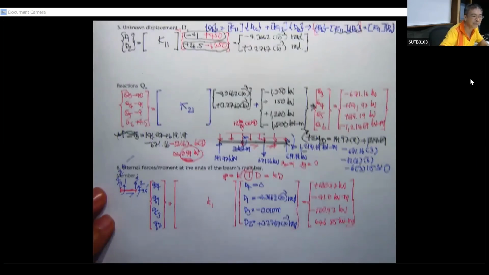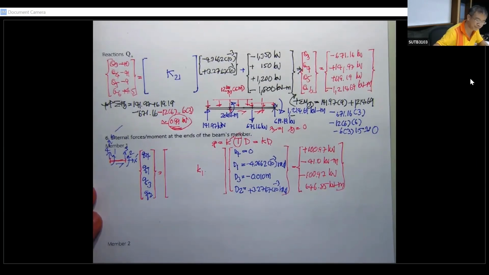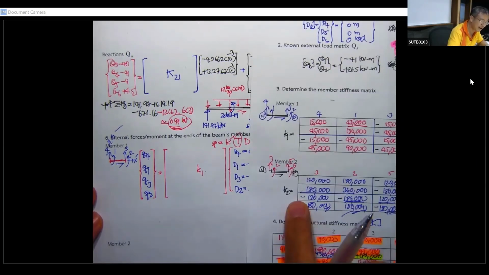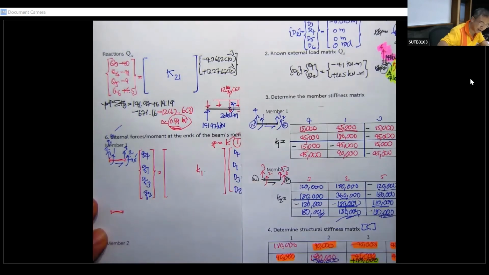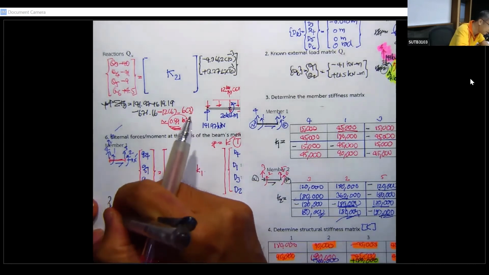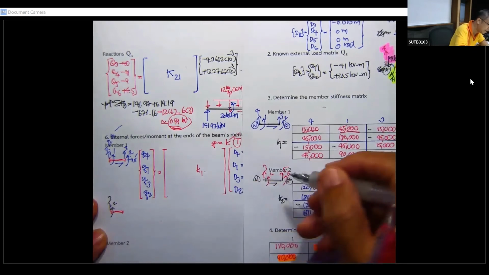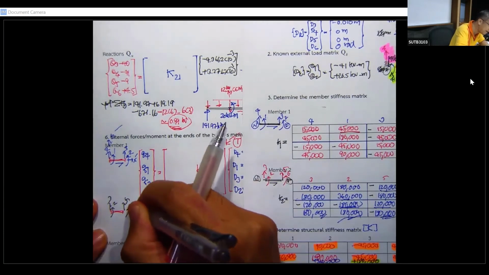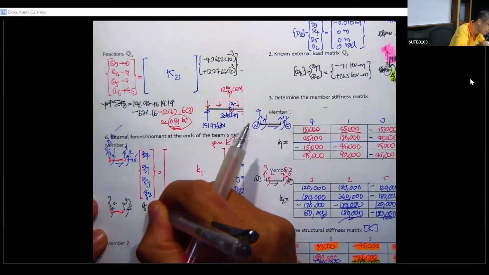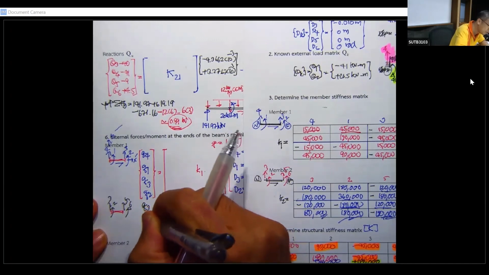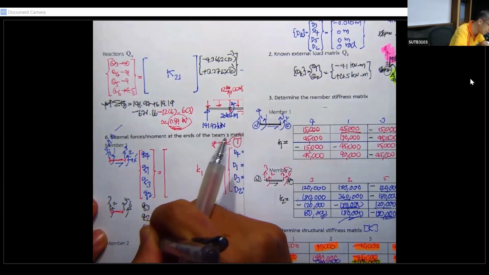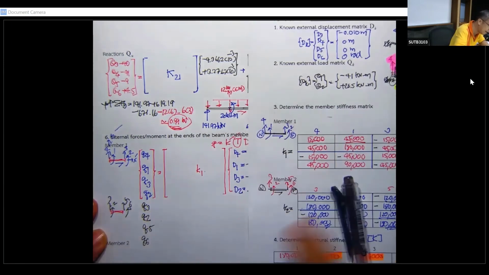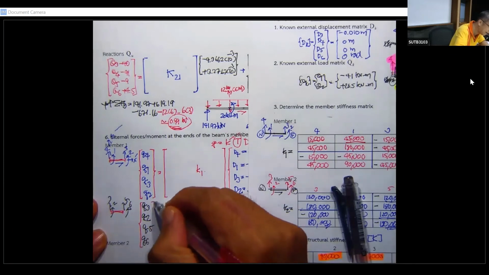Then for the second one, you use this again, and let me put it over here. This one is 3, 2, this is 3, this is 2, this is 5, and 6. It is Q3, Q2, Q5, and Q6. Just plug it in like this.